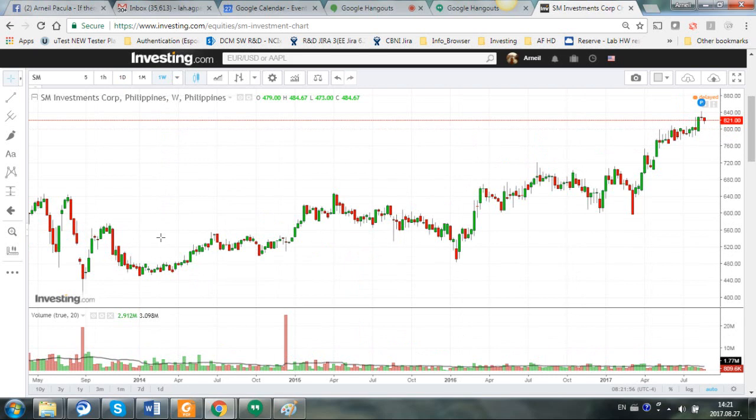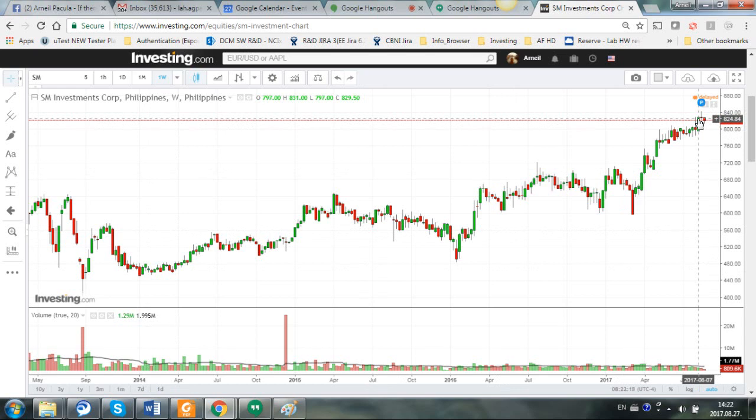So, in this case, kung nag-i-invest ka sa SM since 2014, there is already a considerable growth of your stock. Kasi kung nabili mo siya at 466, after 3 years, nandito na siya, 821.